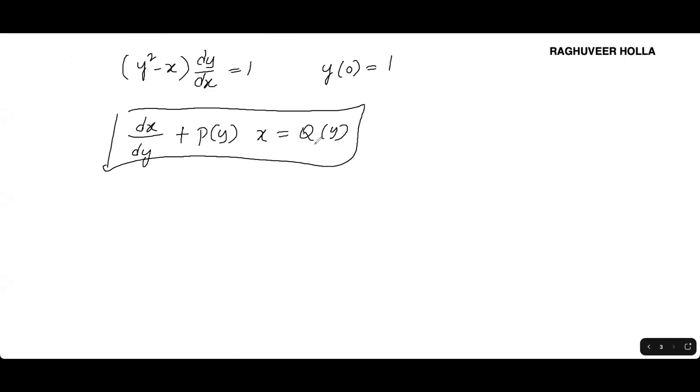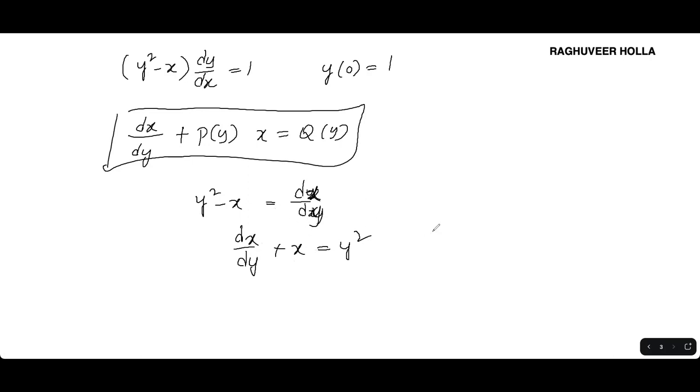So let us first try to write in this form. Taking dy by dx on the right hand side, so you get y square minus x is equal to dy by dx. Let us rearrange this in this form. So dx by dy plus x is equal to y square, right?